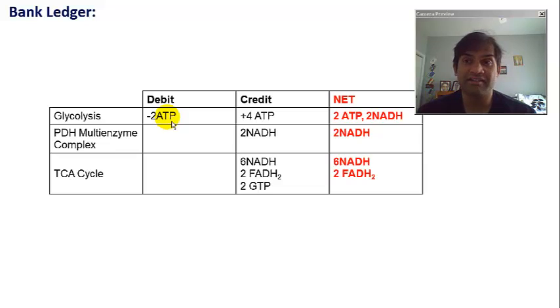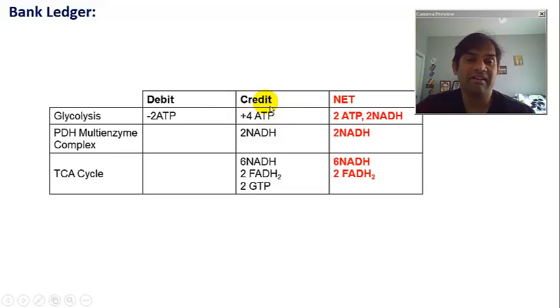So the cell has to dedicate ATP for those steps in glycolysis. However, you actually generate 4 ATPs via substrate level phosphorylation. You generate that by the phosphoglycerate kinase step and also the pyruvate kinase step. That's the terminal step in the 10-step pathway known as glycolysis. So that is 4 ATPs.